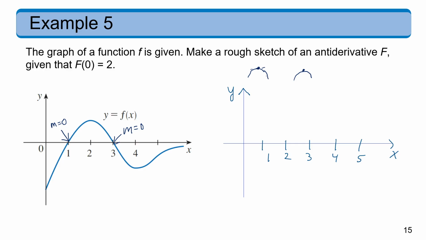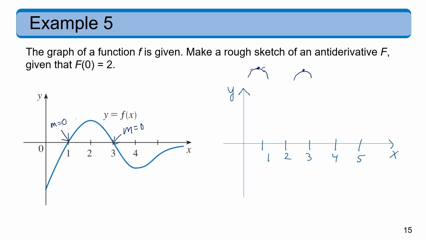Now let's think about the other points. So in between those 2 points, the y-coordinates are positive. That means the slopes for the new graph will be positive. Okay, so let me label that part.